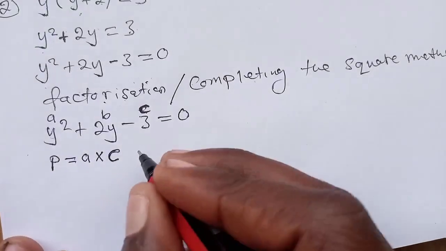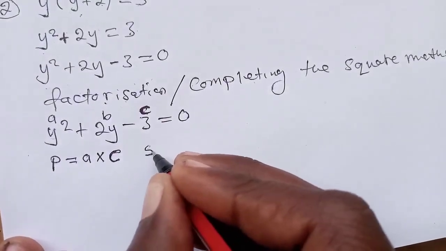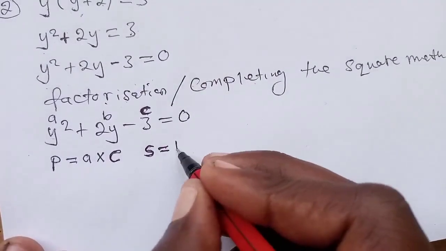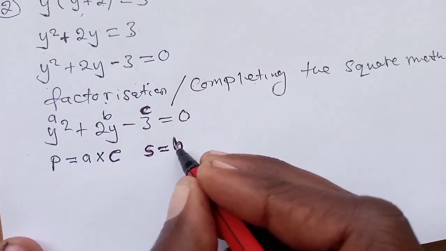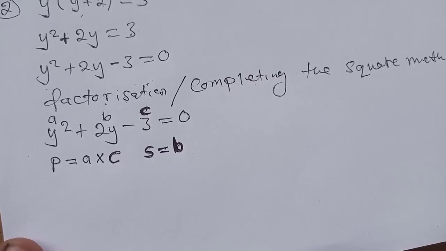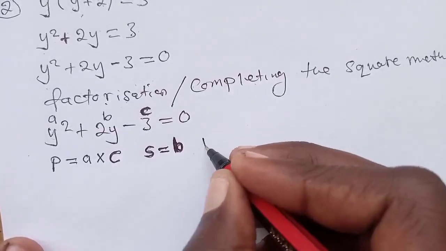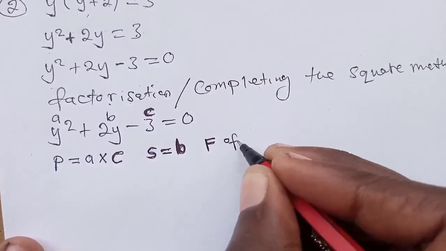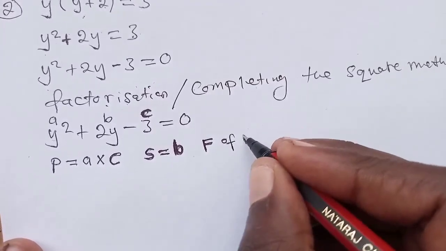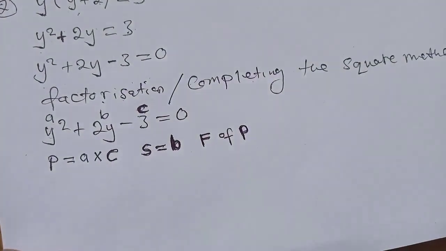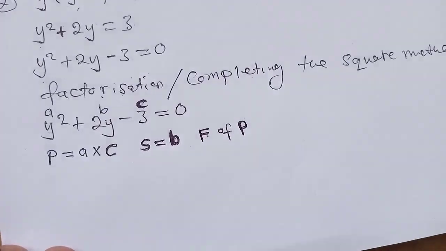Then the second thing is the sum. So the sum is equal to b. You just get the value of b, that is the sum. Then you now find the factors of the product.